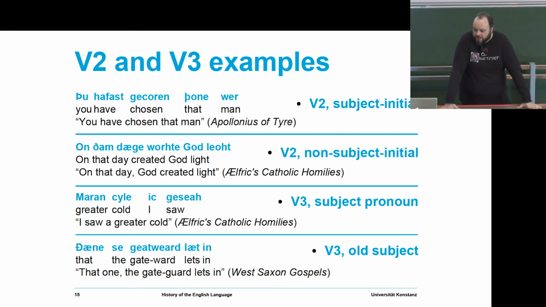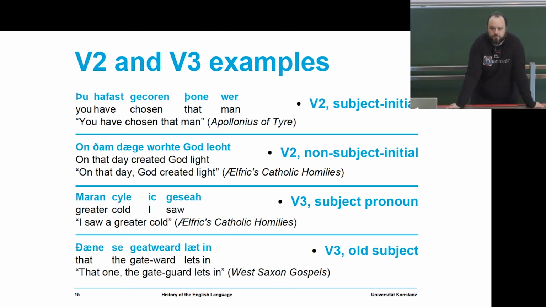In the third example here, we've got a case where a subject pronoun precedes the finite verb. Mar an chile ich jeser. Greater cold I saw. And here we don't have inversion of the subject and the verb. The reason for this is that the subject in this example is old information.